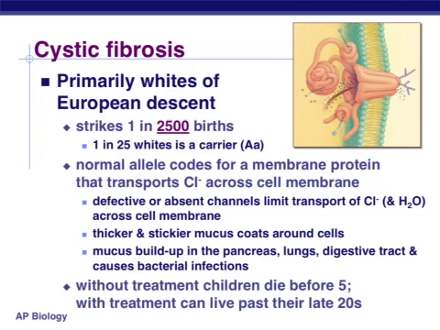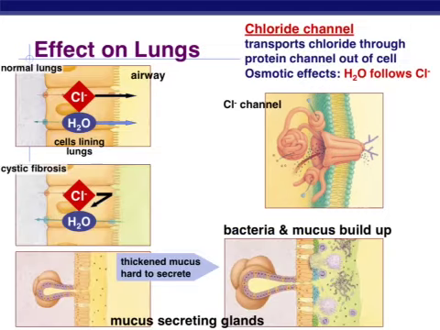Without immediate treatment, children who suffer from this particular disease will normally die before the age of 5, if not sooner. With treatment, they can live past their 20s, but life expectancy is still a lot reduced compared to what it should be.